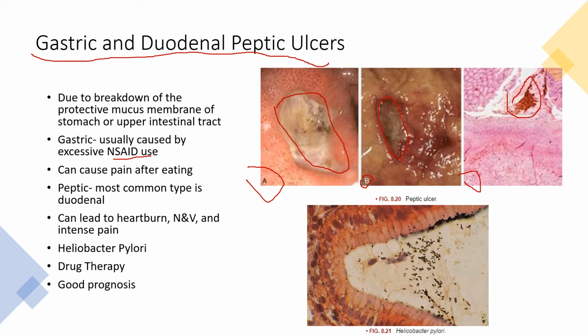The patient may report that they're experiencing heartburn or indigestion and even epigastric pain that's described as gnawing, dull, aching, or hunger-like. The most common type of peptic ulcer is the duodenal ulcer, an ulcer of the first part of the small intestine, the duodenum, hence the name.